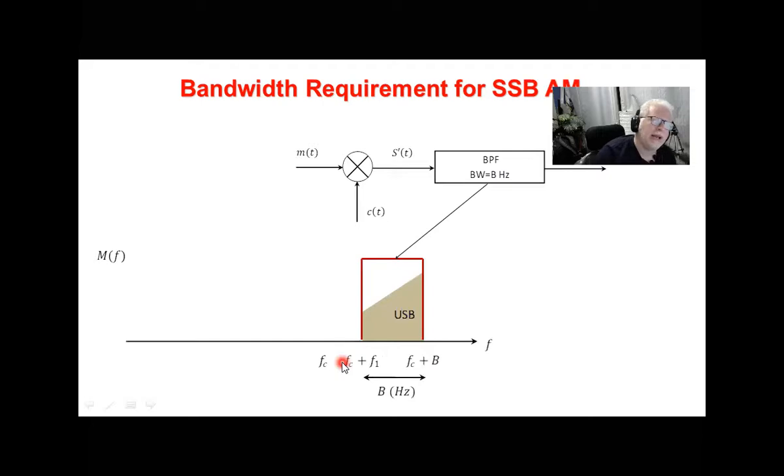So you will get only this new frequency spectrum where only a bandwidth of B is needed in order to transmit your signal. So now you can reduce the bandwidth of your signal by using what's called single sideband AM modulation.